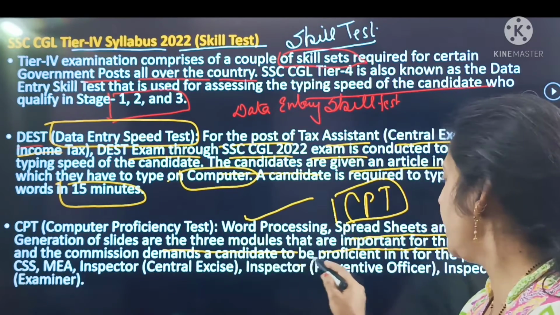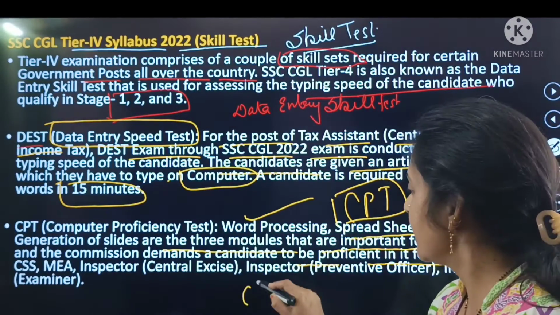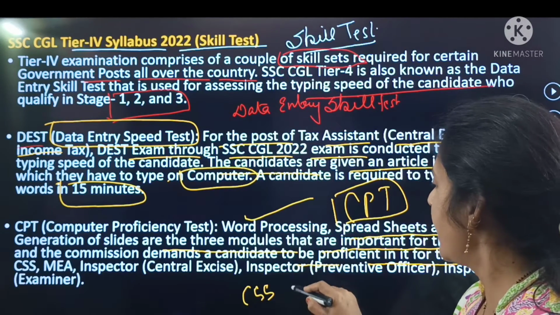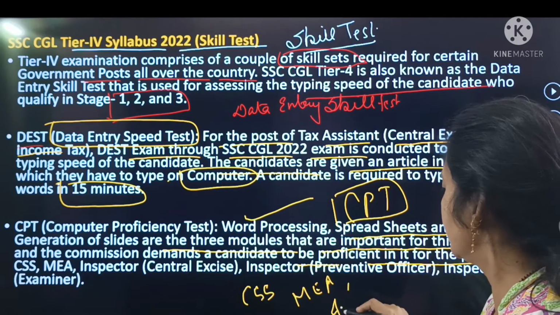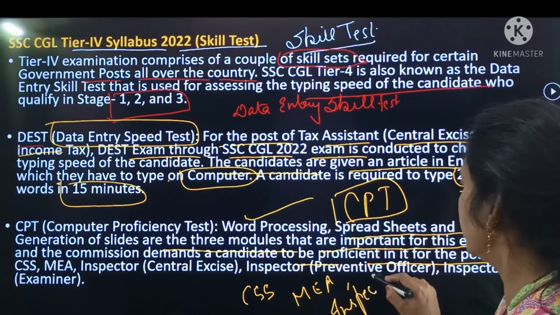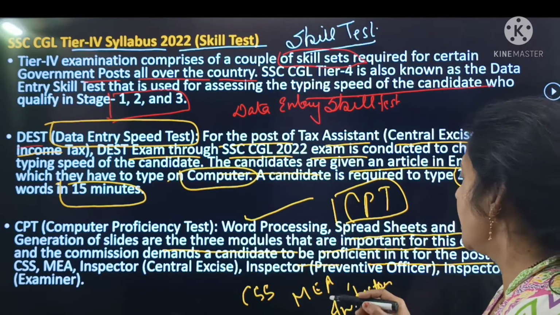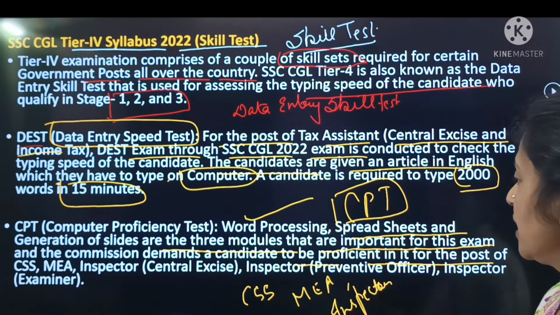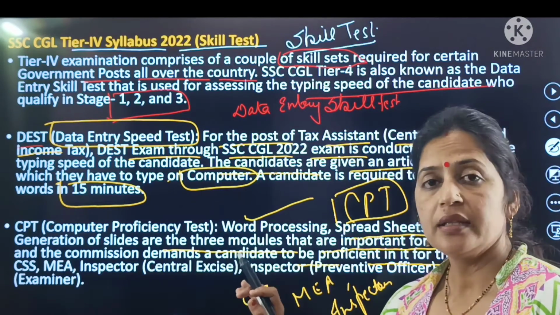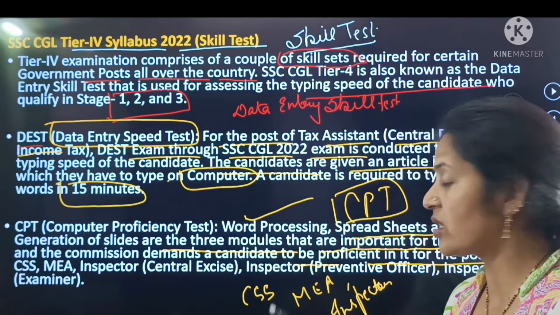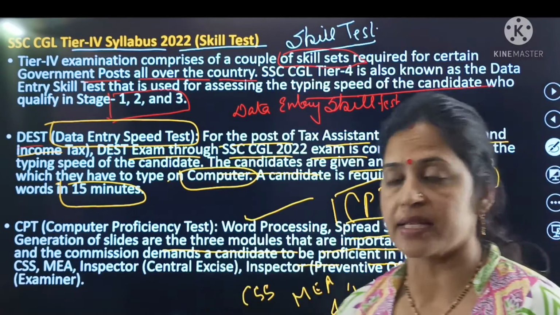The commission demands candidates to be proficient in these for the post of CSS, MEA, inspector central excise, inspector preventive officer and inspector examiner.